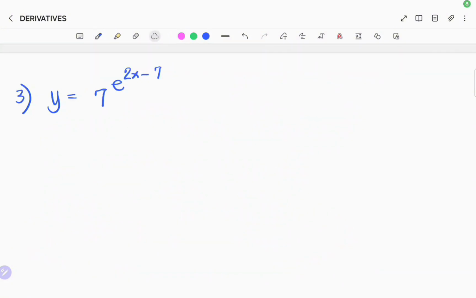Let's have our third example. We have y is equal to 7 raised to e raised to 2x minus 7. So 7 is raised to e, and e is raised to 2x minus 7. So we will still be using y prime equal to a raised to u ln a du. Meaning we have y prime equal to copy a raised to u.